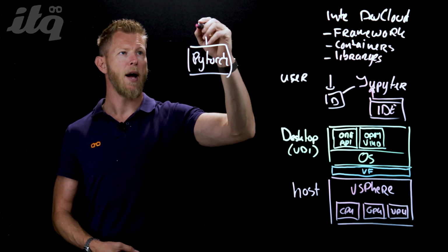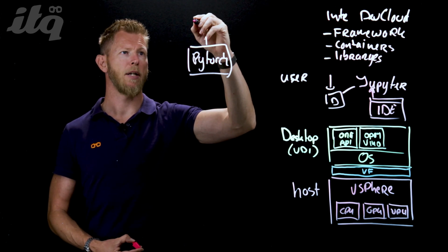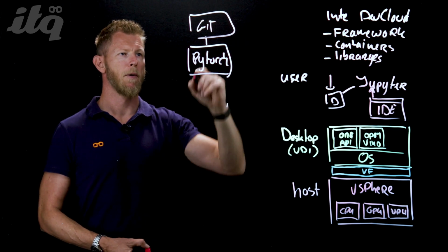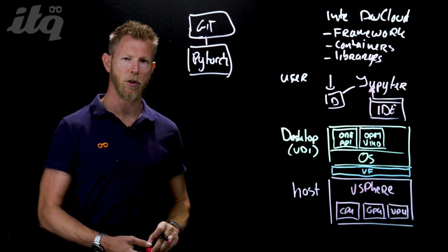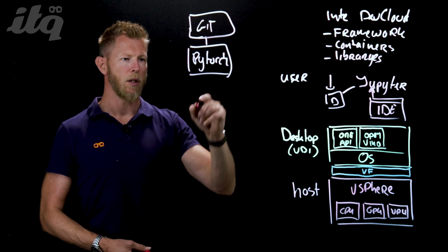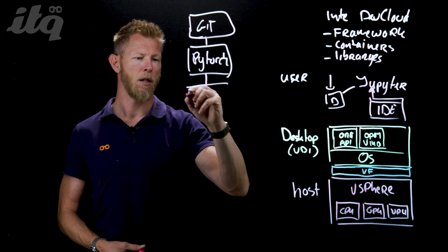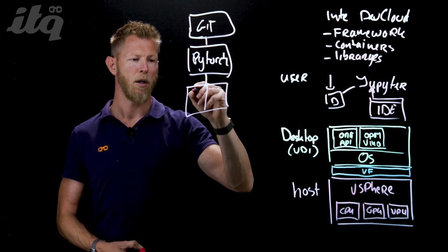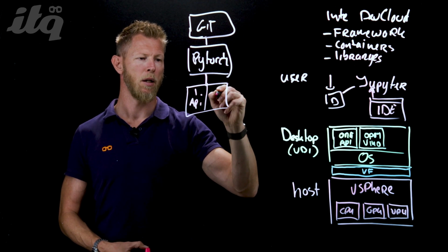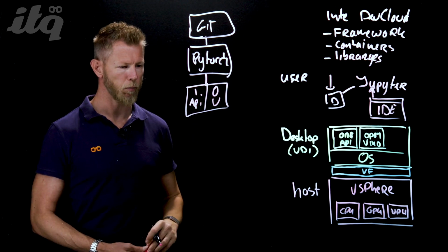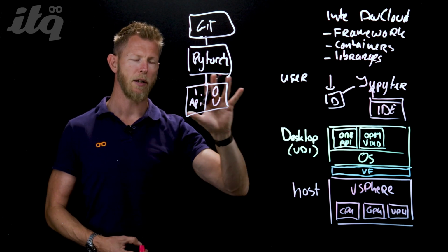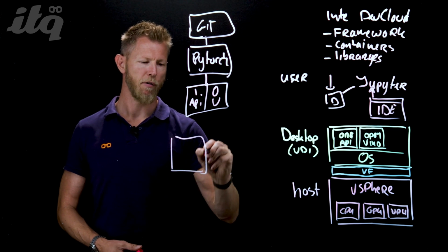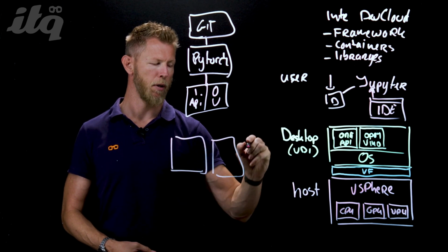Now, if you have a Git-based script that utilizes PyTorch, what the OneAPI and OpenVINO framework do is they are already fully capable of utilizing the right type of accelerator for the right type of job.